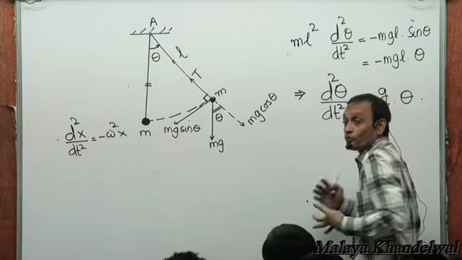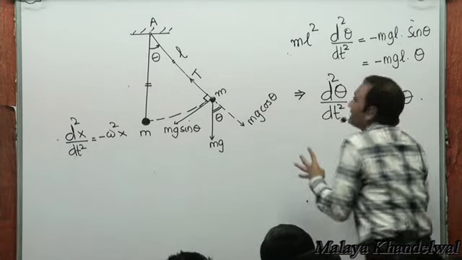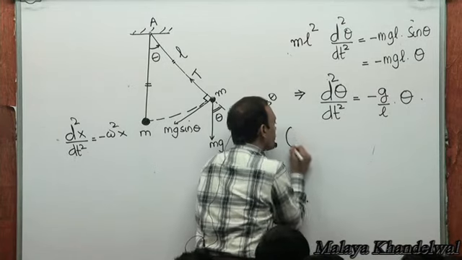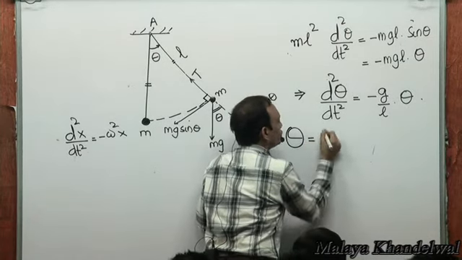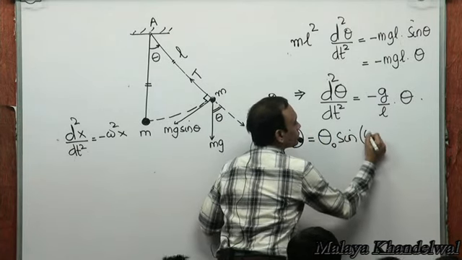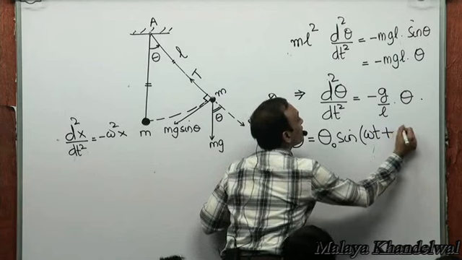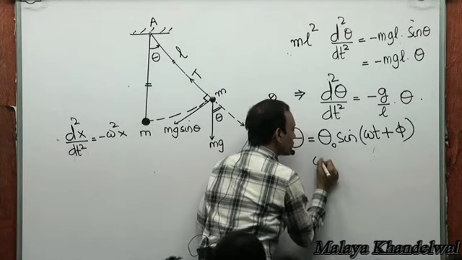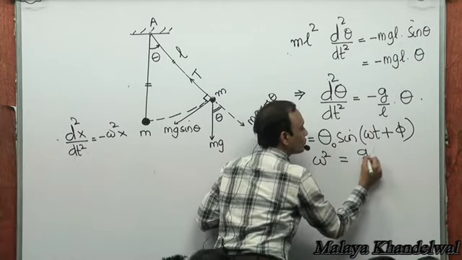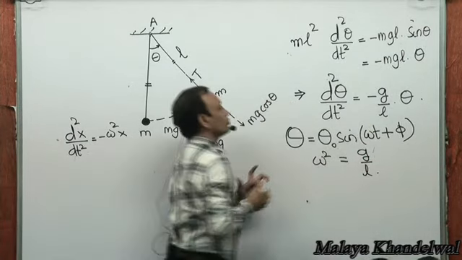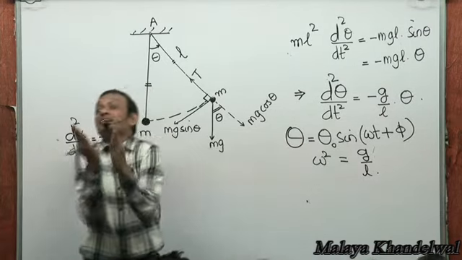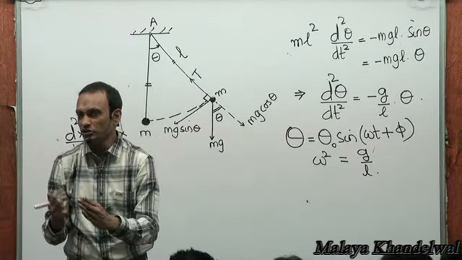Which means the manner in which theta varies with time, the solution to this equation, must be theta equal to theta naught sine omega t plus phi, where omega squared must be equal to g by L. This must be the solution to this equation, where theta naught is the maximum theta possible for this motion.